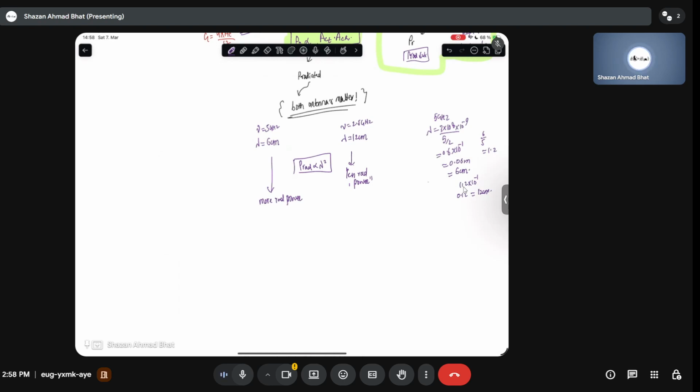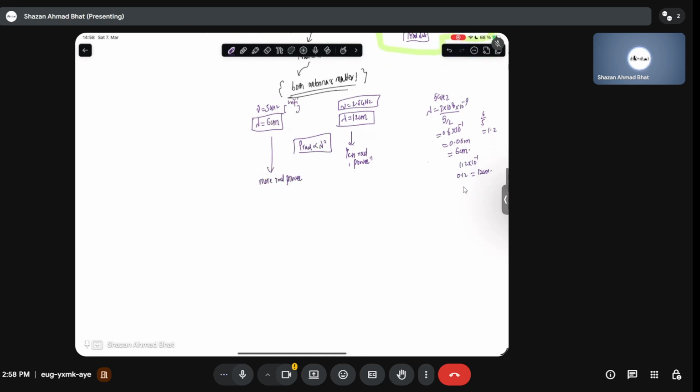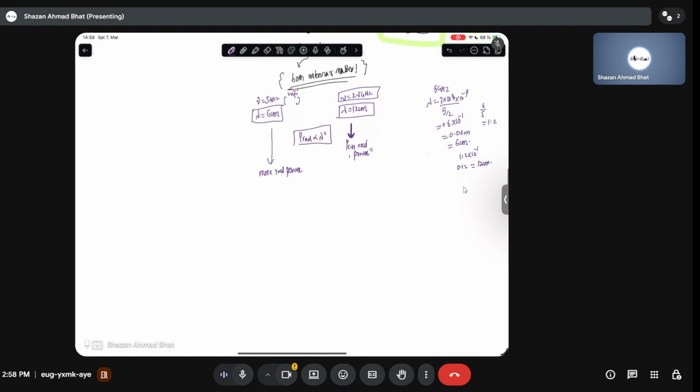So if you have a 5 gigahertz Wi-Fi network, it has a wavelength of 6 centimeters, and for a 2.4 gigahertz network, it has a wavelength of 12 centimeters, depending upon the speed of light, the electromagnetic wave, and the frequency.